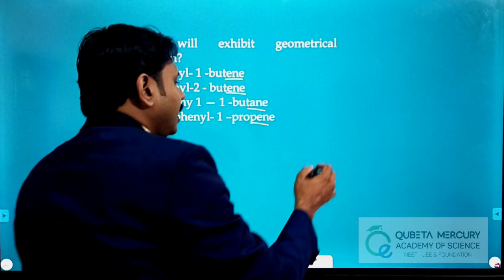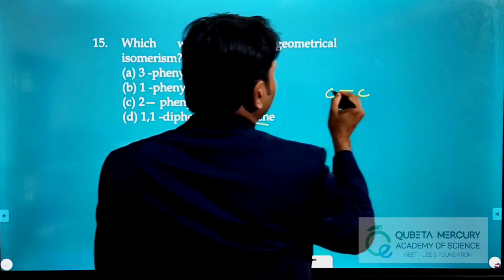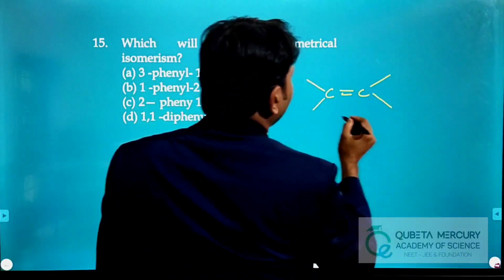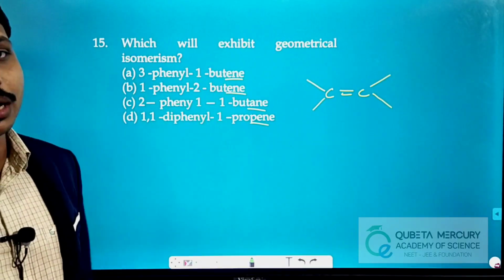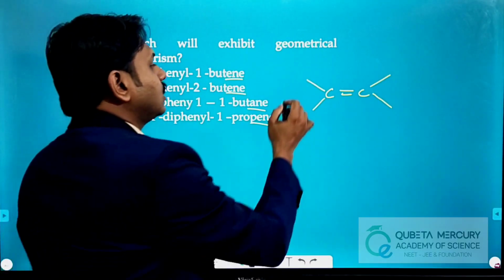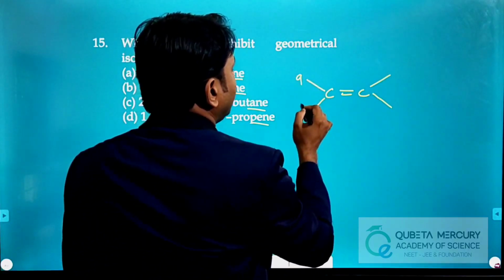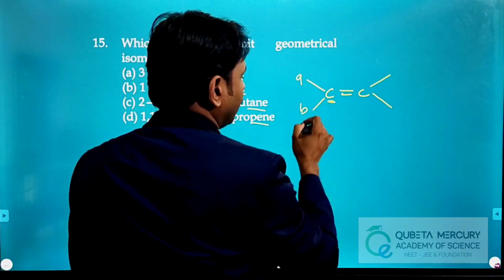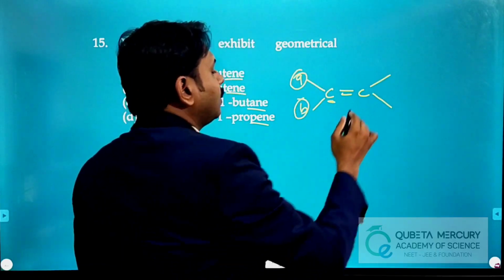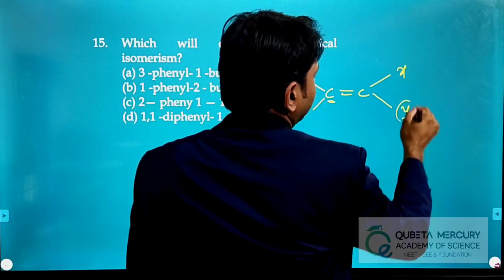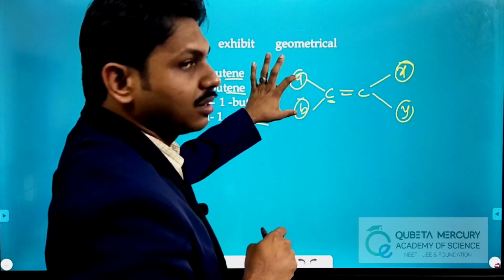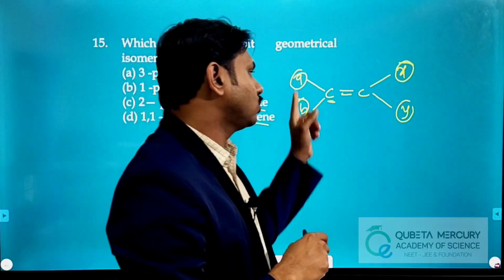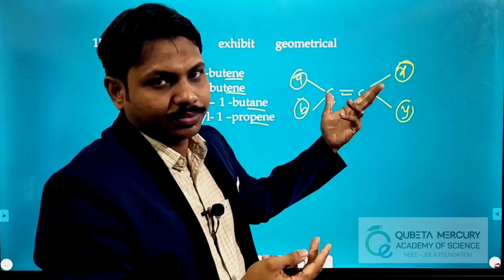Among alkenes, the condition to show geometrical isomerism is that the molecule should have different groups on the doubly bonded carbons. The 2 atoms or groups attached on this particular carbon must be different, and here also these 2 must be different. It is not mandatory to differ from the other carbon. This group can be repeated there, no problem.